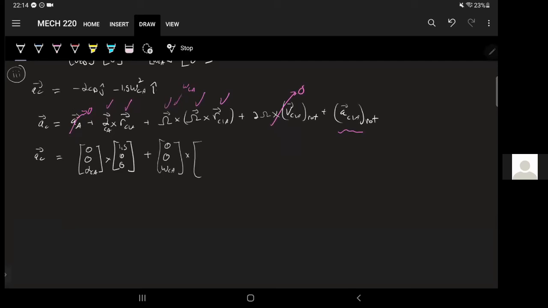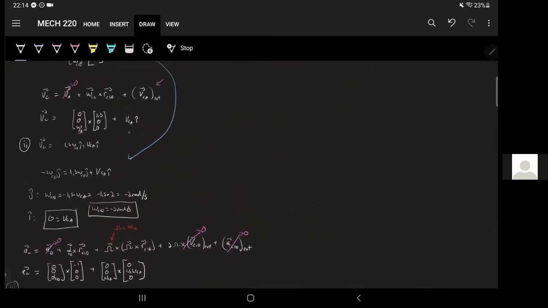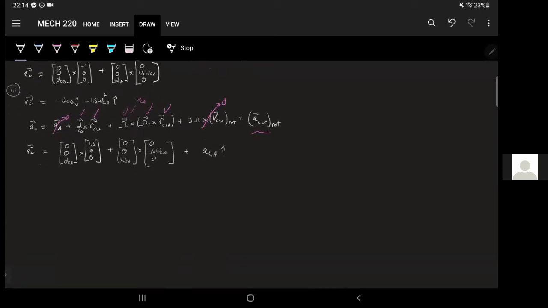And we know this thing from before, so it's just equal to 0, 1.5 omega CA, 0, plus the acceleration that we know is only in one direction, the I direction, because it's a collar.